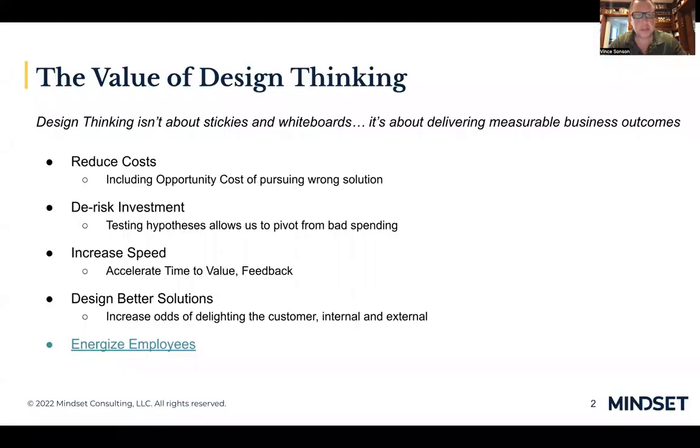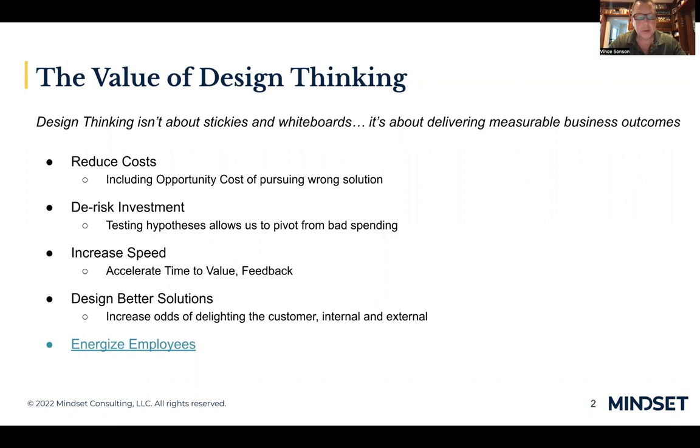So what do I mean by business outcomes and economic value? We're talking about your basic things, right? Top line impact and/or bottom line impact for a client. So top line would be increasing speed to market, so you can accelerate time to value.